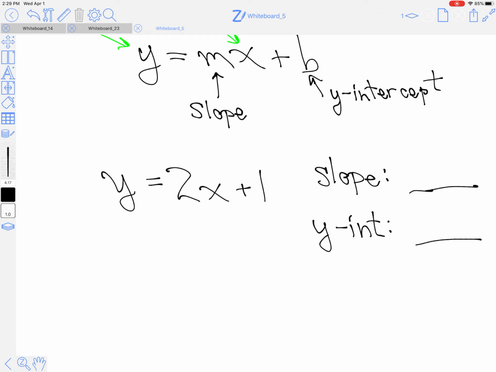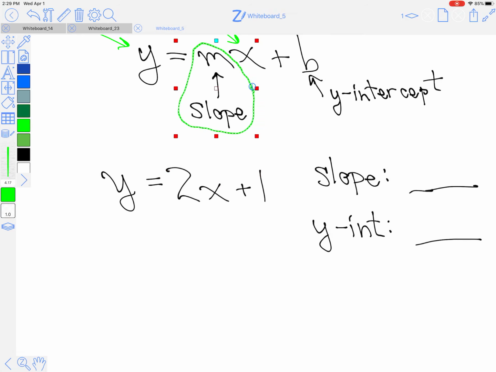Well, we just look for the two numbers in those places where they should come from. Slope is the number that's in front of the x. If I look at this equation, the number in front of the x is 2. That means my slope is 2.